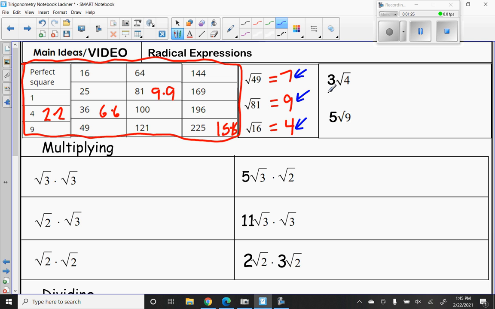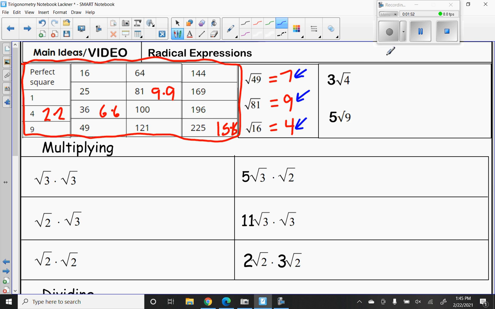So when you get a problem like this, we say this is 3 times radical 4, or 3 radical 4, not 3 square root 4. We need to know how to simplify this, because anytime you see a 4 underneath the radical, that needs to be reduced.